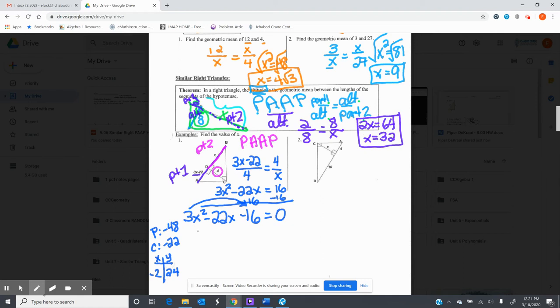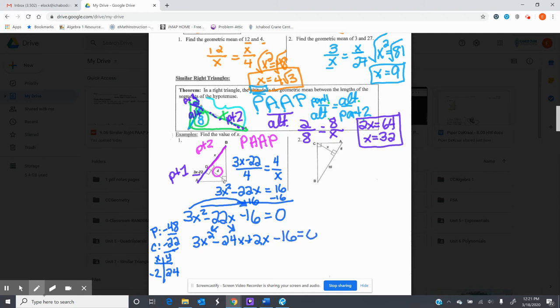So when we break this down, 3x squared minus 22x minus 16, we find that the product of a and c is negative 48. So now we're going to split the middle into the two factors that combine to negative 22. So we have 3x squared minus 24x plus 2x minus 16.